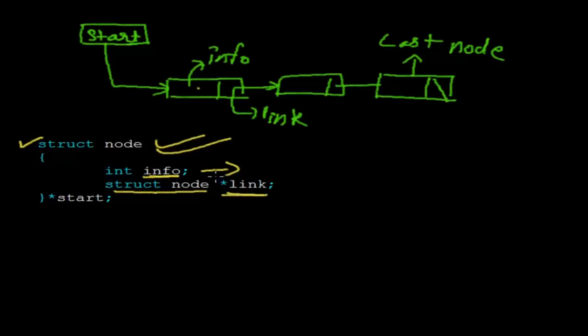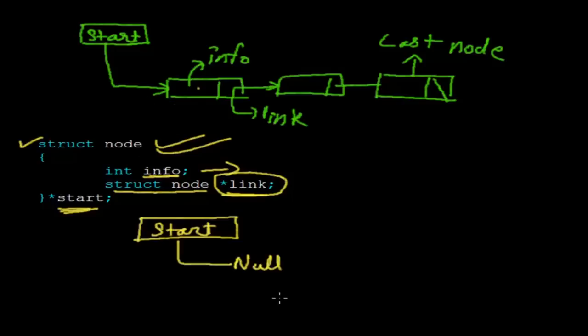It means the address inside this variable will be of type node, and this is the global variable start which will always point to the first node in the linked list.